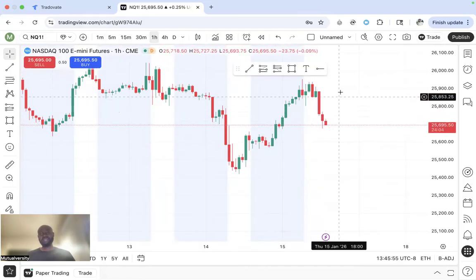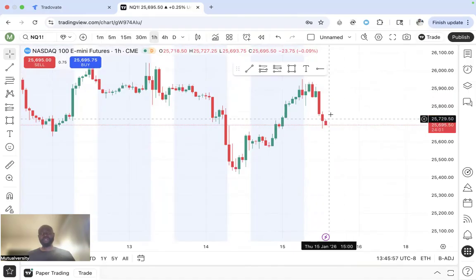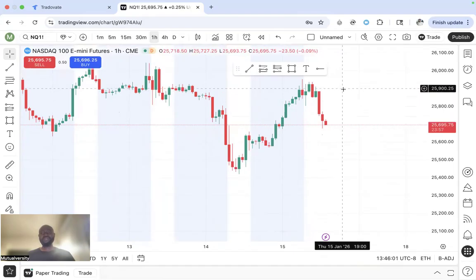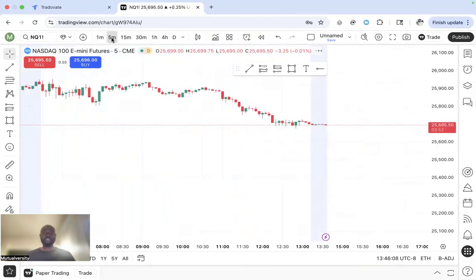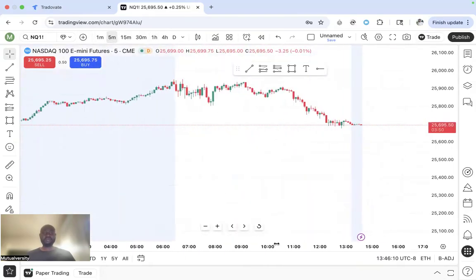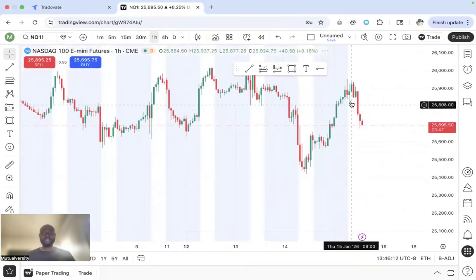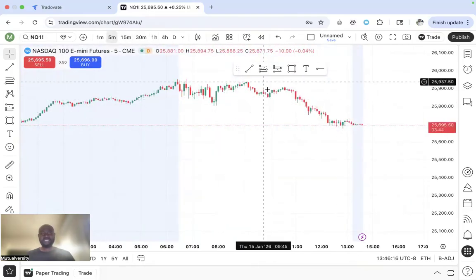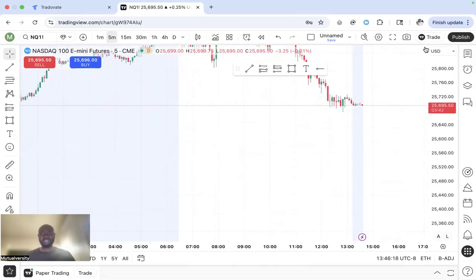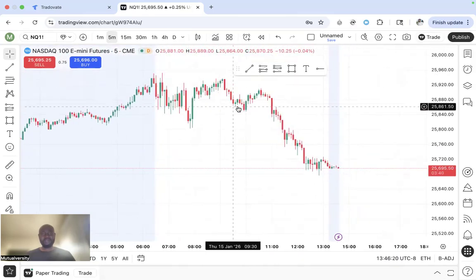If it starts going back up, then we know on the 5 minutes we'll only look for an uptrend. It's the exact pattern that's going up. We'll look for higher highs and higher lows. So if I go on the 5 minutes, because the 1 hour is coming down, then on the 5 minutes you're going to see lower highs and lower lows.